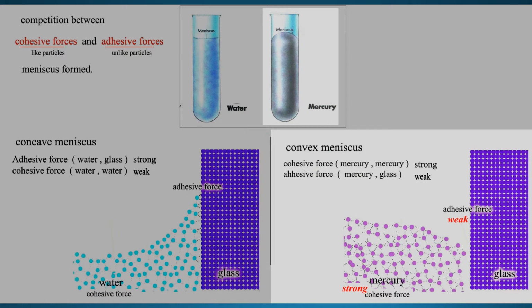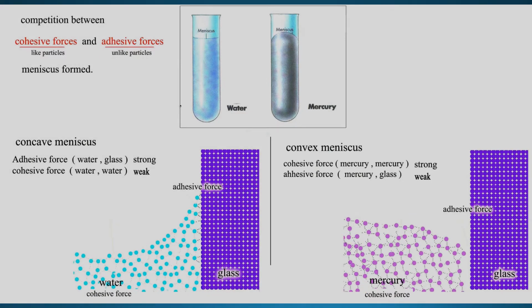Mercury loves its own kind more than mercury loves glass. In this case, the mercury will drag towards its own kind, and you will bend the opposite way. And this explains it.